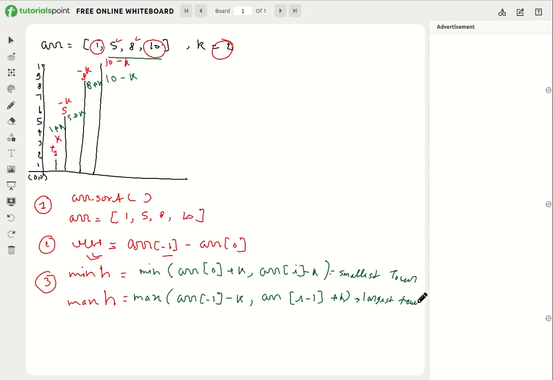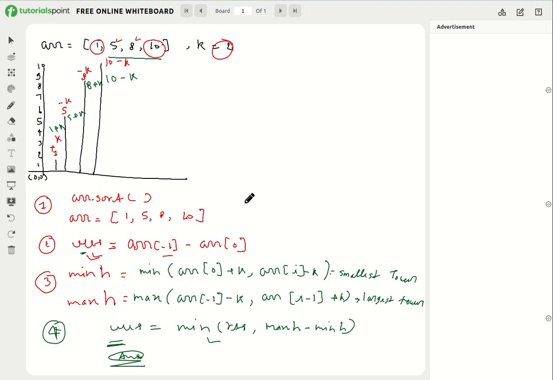And then we will find our result, the minimum of whatever we have calculated, this result, and then the maximum height and minimum height. So this is our approach, this is the fourth step. Then we have the final value, and this will be the answer.